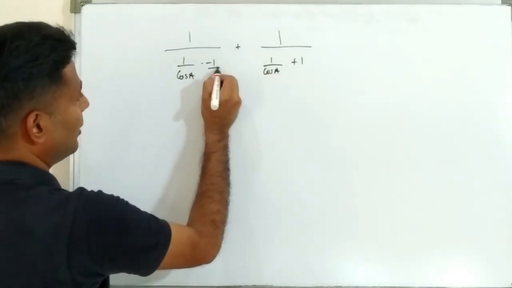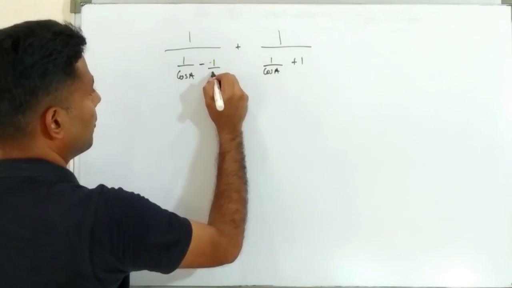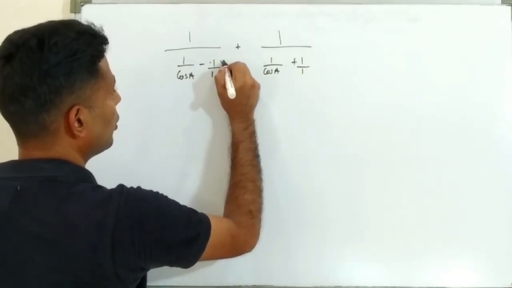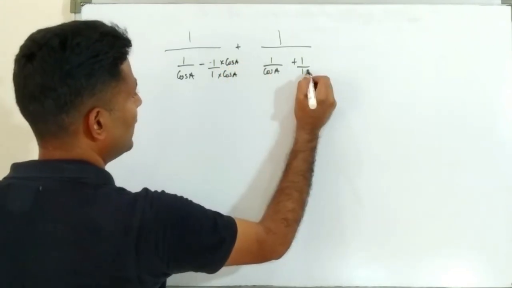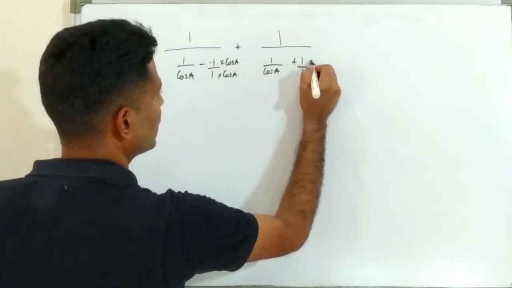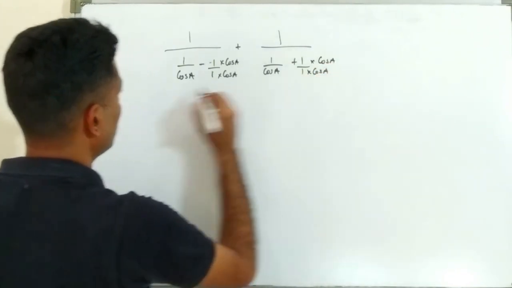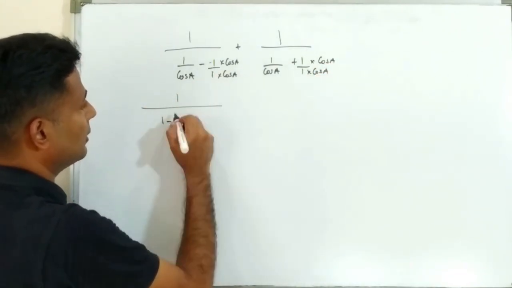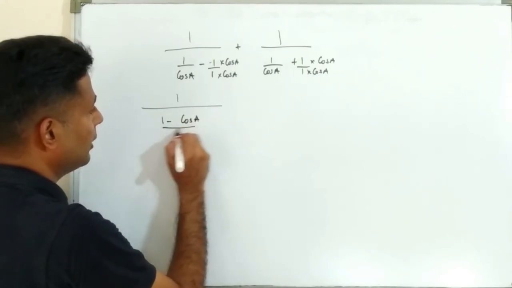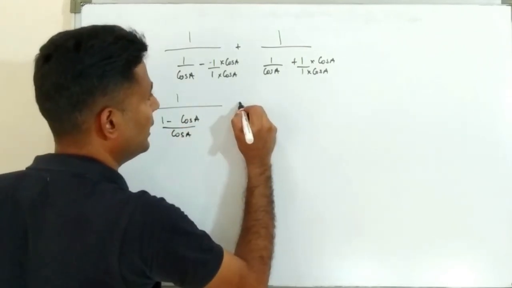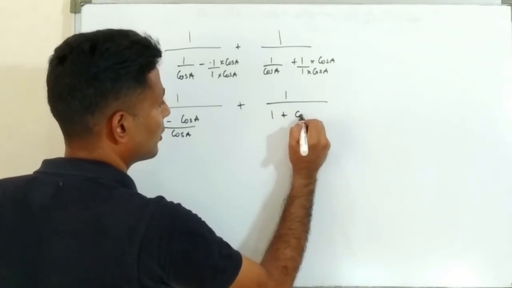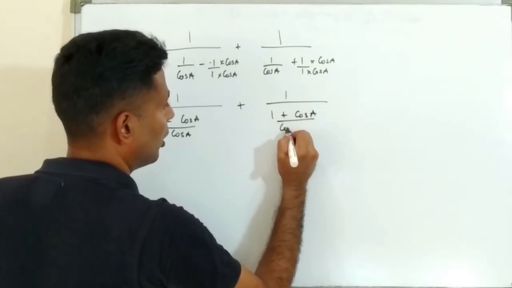Now if I take the LCM, by 1, so into cos a on top, similarly here into cos a on top. So what do I get? 1 by 1 minus cos a by cos a. Similarly here I get 1 by 1 plus cos a by cos a.